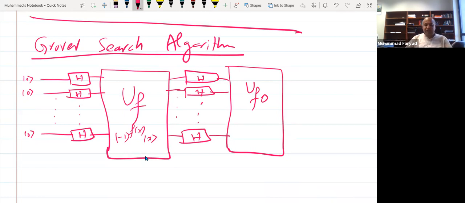It does implement a function f naught, but that's a known function. It's not a black box function. So this f of x is a black box function, but this is a known function. But this also is almost like an oracle, and I'll describe it a little bit later. I'm labeling it with U f naught, and then there is another set of Hadamard.